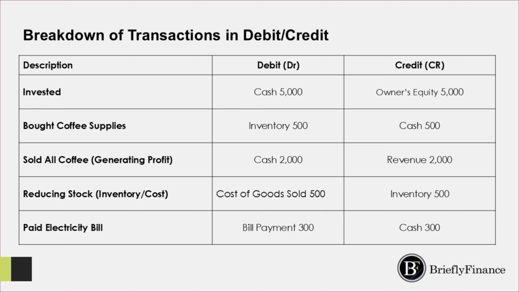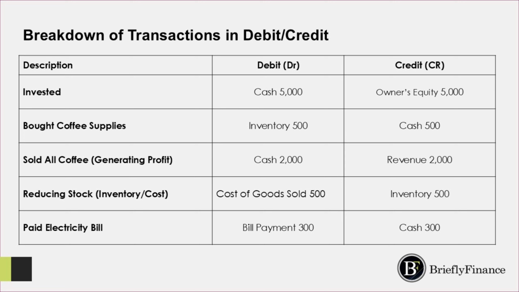Anyway, later on I will show you some tricks also to memorize them easier. When you invest, you debit the cash and you credit the owner equity. Try to think of it like debit is something positive. It increased the cash, and the owner equity now it owes money, so it credits the owner equity.